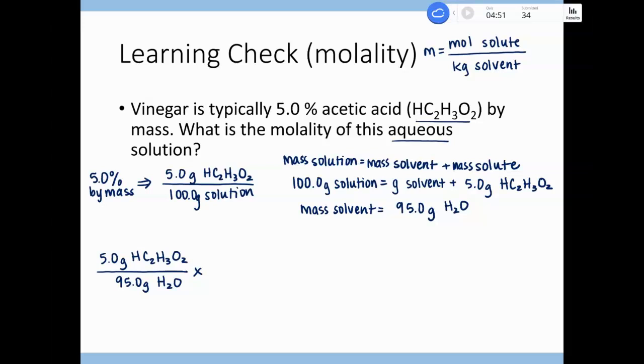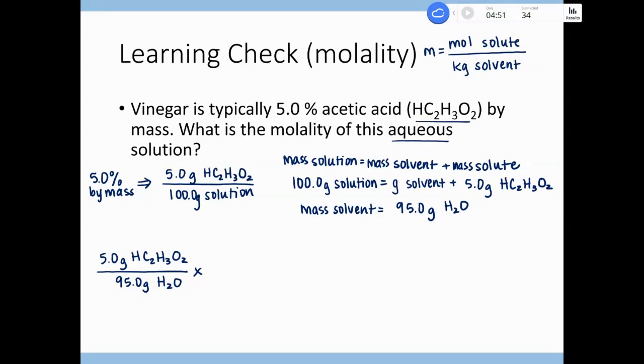And then I'll do a series of conversions here to convert grams of solute to moles of solute and grams of solvent to kilograms of solvent. You could calculate those separately, just go from grams to moles, and then from grams to kilograms, and then do the division at the end. I'll put it all together into one large equation. But as long as you get to the same mole value and kilogram value, you'll be all set.